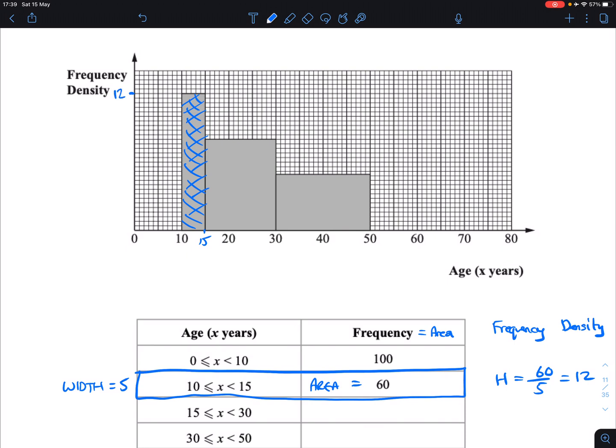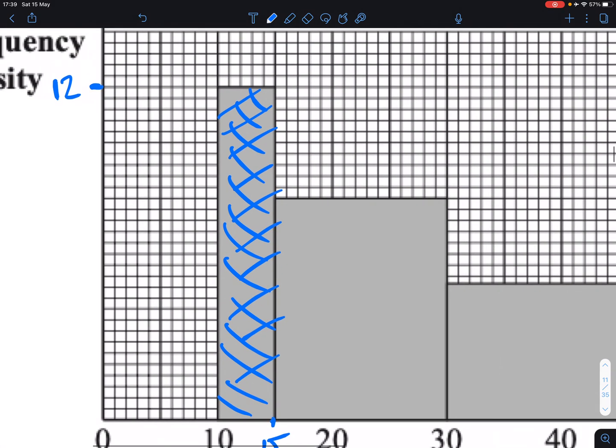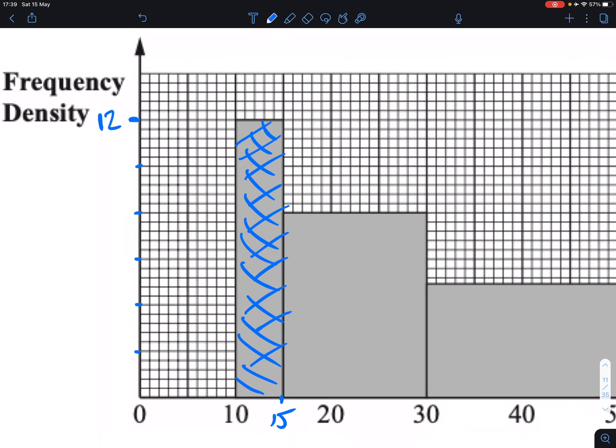Now if we look closely at the squares, you could figure out what the scale is from that. The fact that we have 12 here, it's not that clear in this picture, but there's darker lines here. You can't see it on the picture that I've got, but in the actual exam paper itself, you've got these tiny squares, but then you've got these 5 by 5 darker squares.